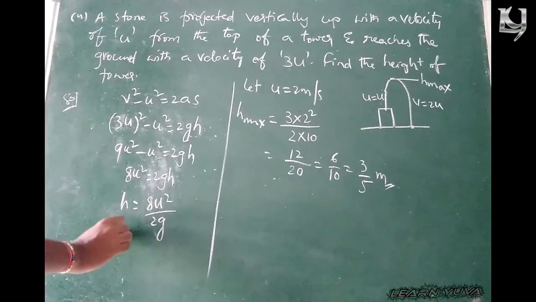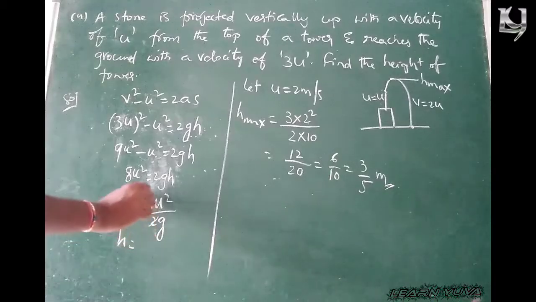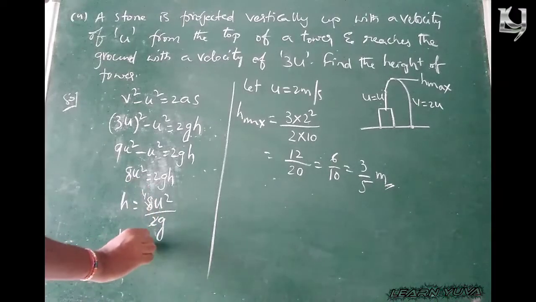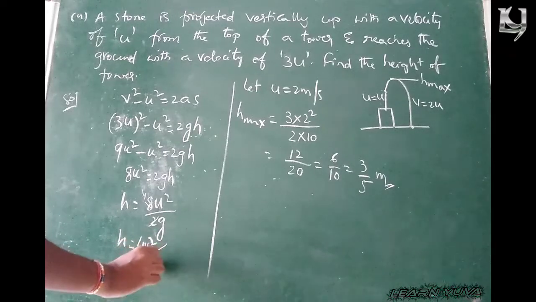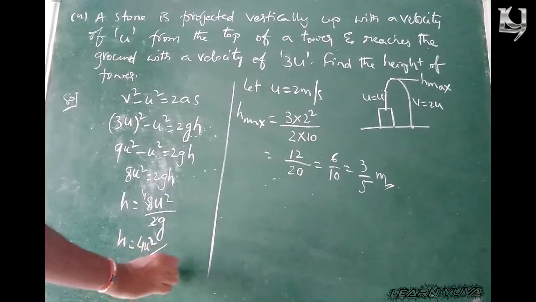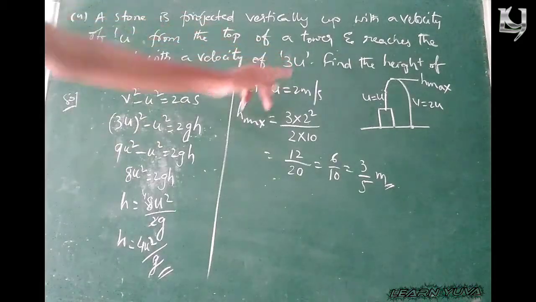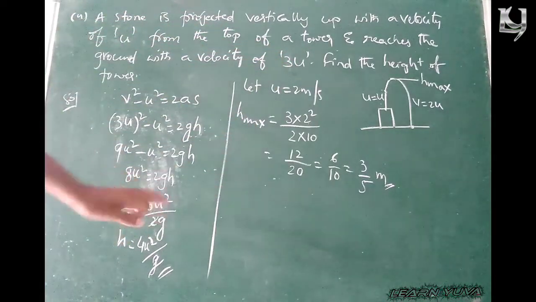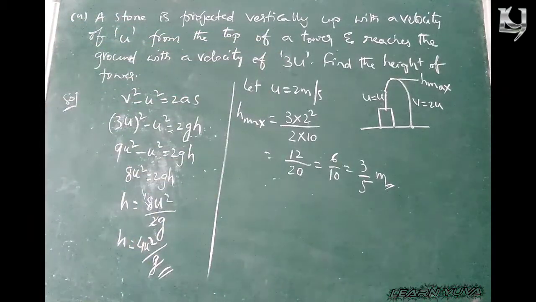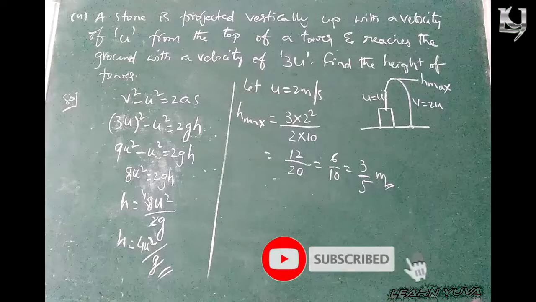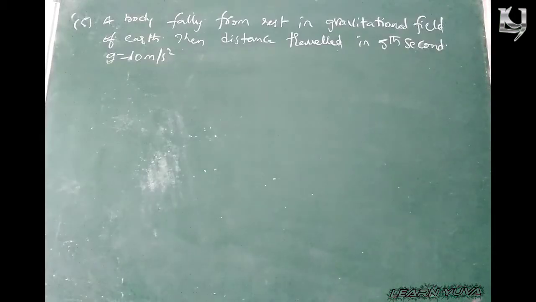So h is equal to 2 ones 2, 4, so 4u square by g. If it is 2u, then the answer is 3u square by 2g. If it is 3u, that is 4u square by g. Clear? Right. That is the question.